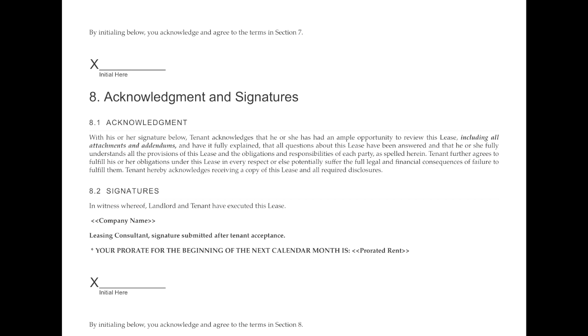Tenant further agrees to fulfill his or her obligations under this lease in every respect, or else potentially suffer the full legal and financial consequences of failure to fulfill them. Tenant hereby acknowledges receiving a copy of this lease and all required disclosures. 8.2 is signatures, so you'll initial below here.